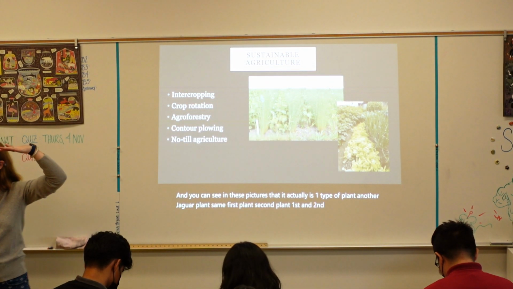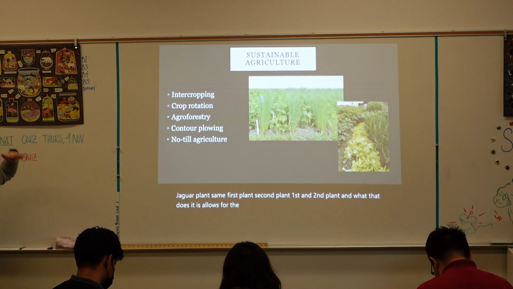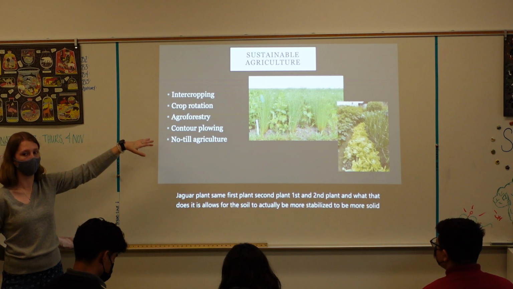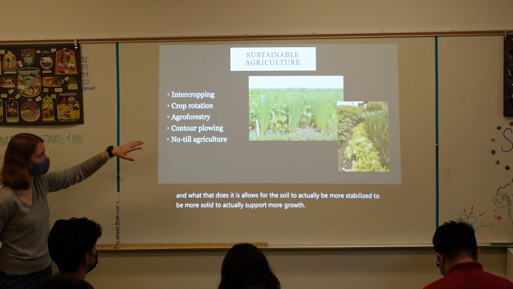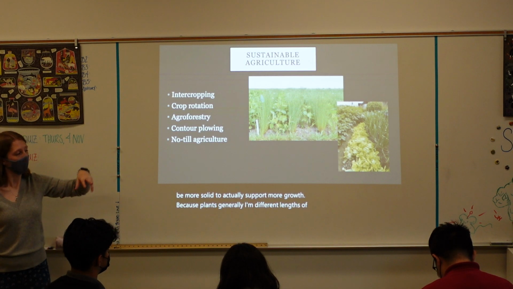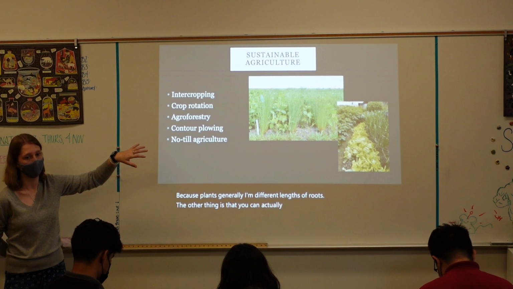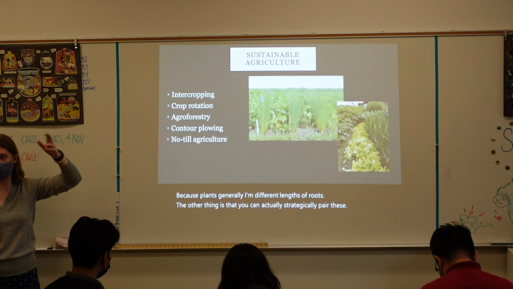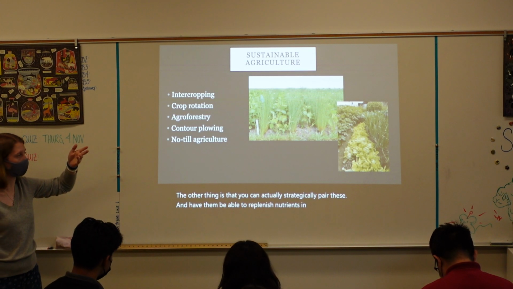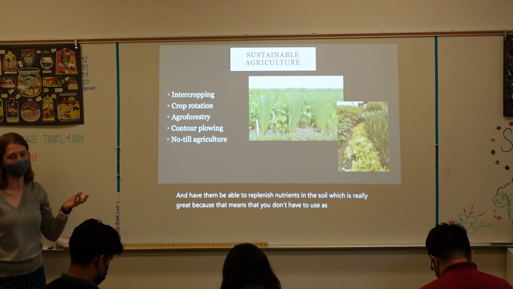What that does is allow the soil to be more stabilized, more solid, to support more growth, because plants generally have different lengths of roots. The other thing is that you can strategically pair these and have them replenish nutrients in the soil, which is really great because that means you don't have to use as much fertilizer.